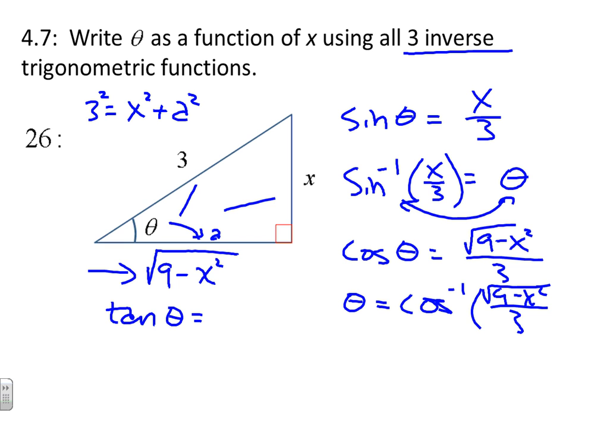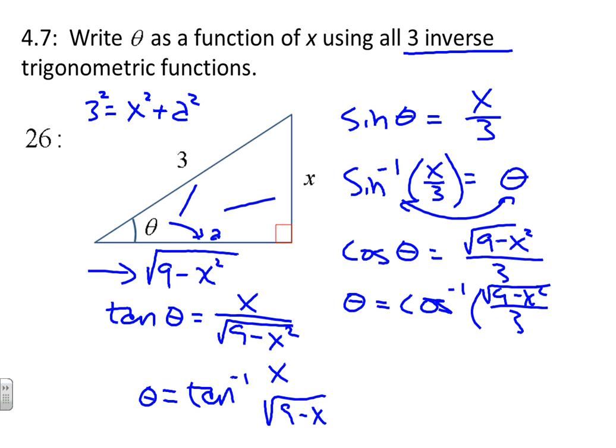Tangent of theta is opposite x on adjacent, square root of 9 minus x squared, making theta equal to tangent inverse of x on the square root of 9 minus x squared. I had a student ask, can we go to that directly? And I said, yes, that's the goal. We're thinking in terms of tangent inverse functions. I'm not certain everybody's there yet.